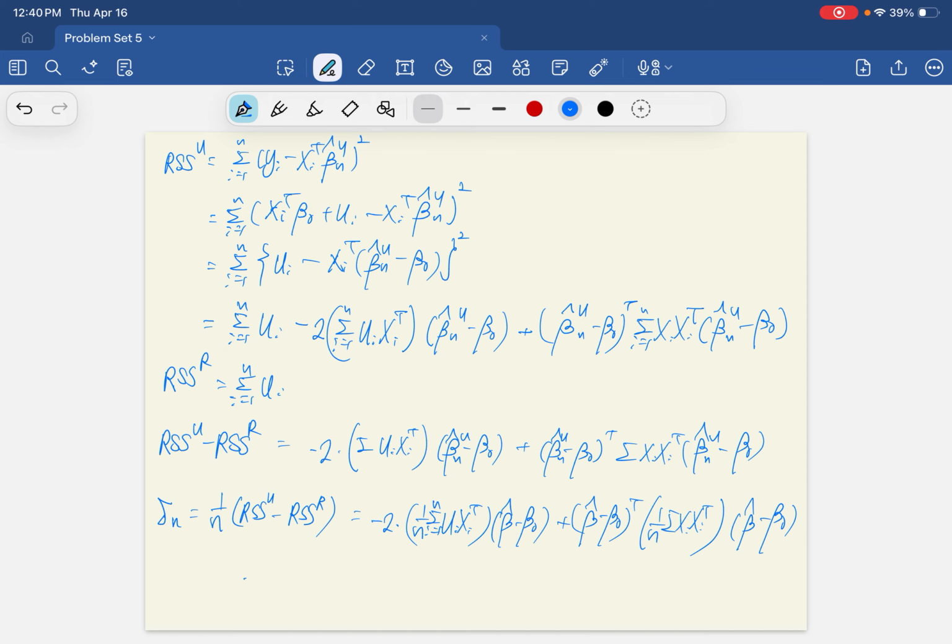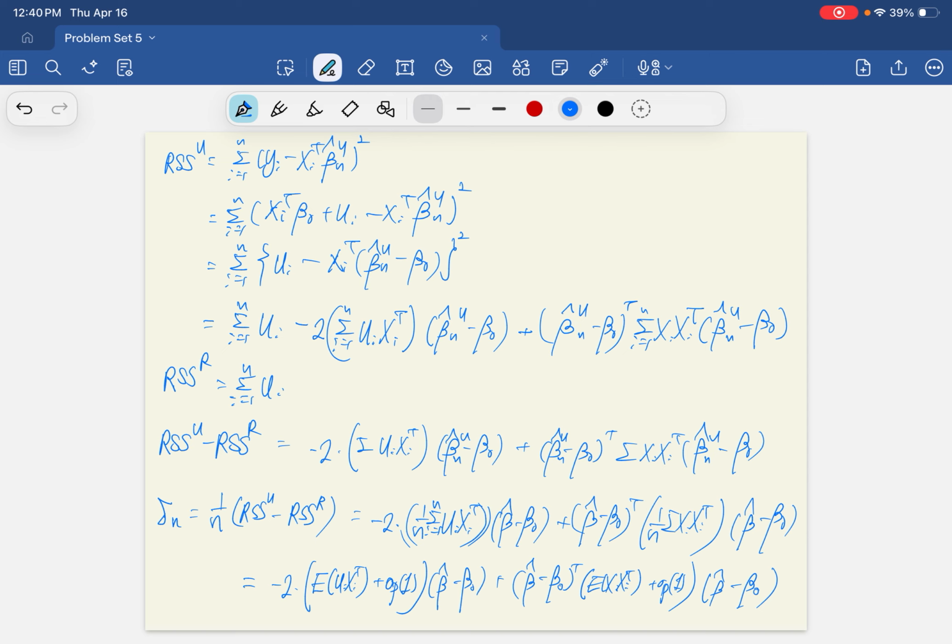Then you can easily see that first, this guy is going to be minus 2 times the expectation of u_i x_i transpose plus a small error, so this will converge to this guy. So the error is o_p(1), times (beta hat minus beta_0), plus (beta hat minus beta_0) transpose times the expectation of x x transpose plus o_p(1), times (beta hat minus beta_0).